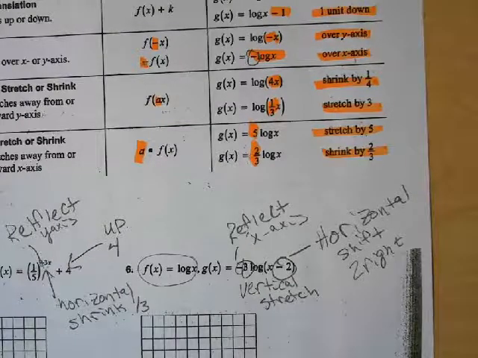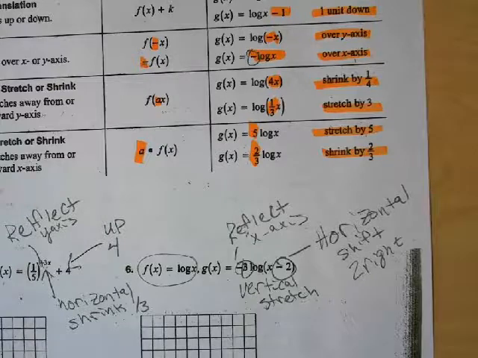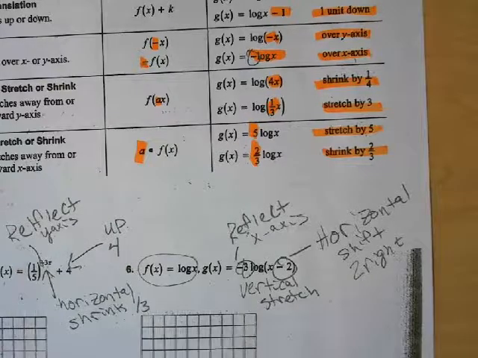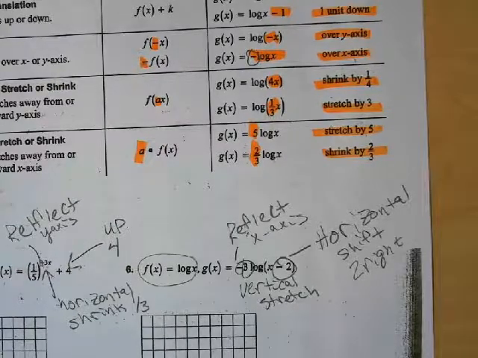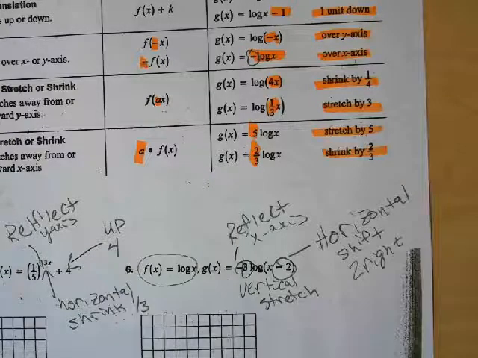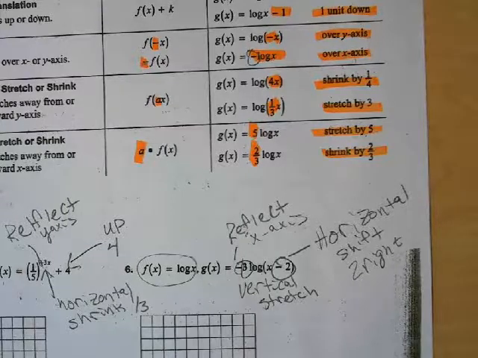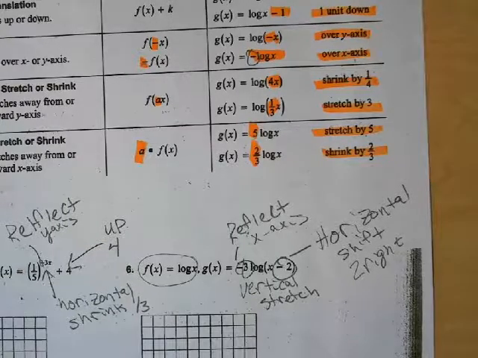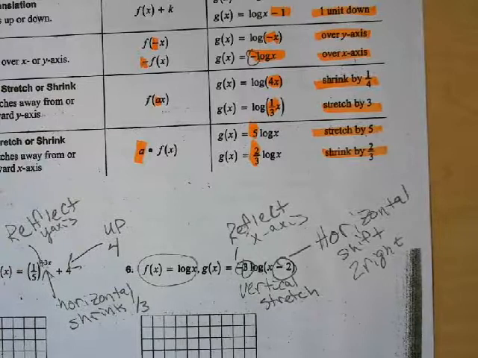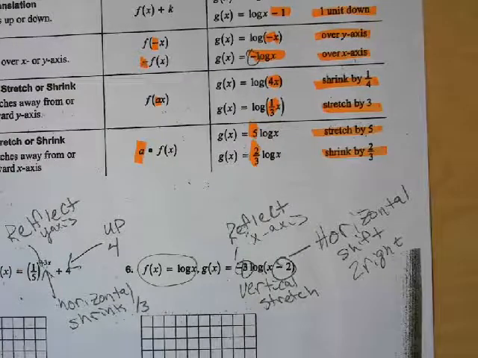So first one we're given is y equals log. What's my base? It's just common log. Log of x. So that's our original function. That's the function we started off with.